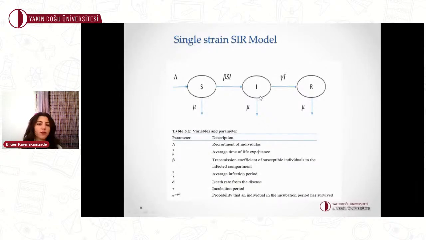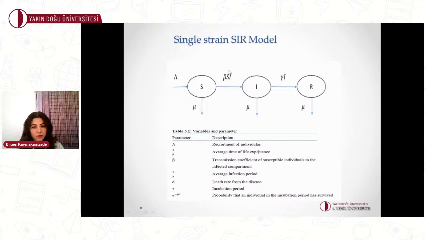It means that we are assuming that. And D here, we forgot to write here, D is the death rate from the disease. So the other way of leaving the infected class is death.